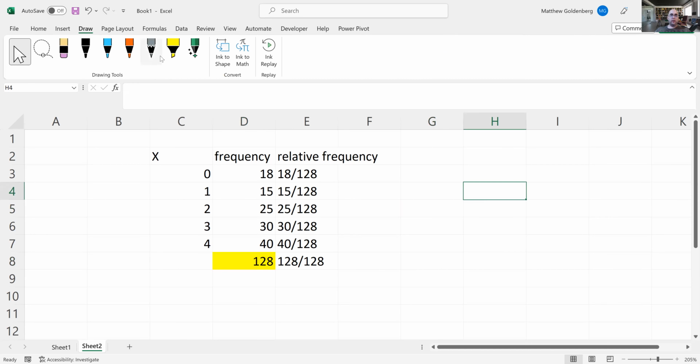And I'm going to highlight that 18 of those 128 values are zeros. 15 of those 128 values are ones. 25 of those 128 values are twos. 30 of those 128 values are threes. And 40 of those 128 values are fours.